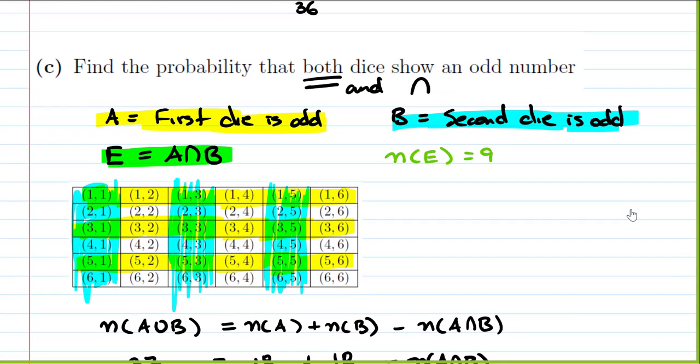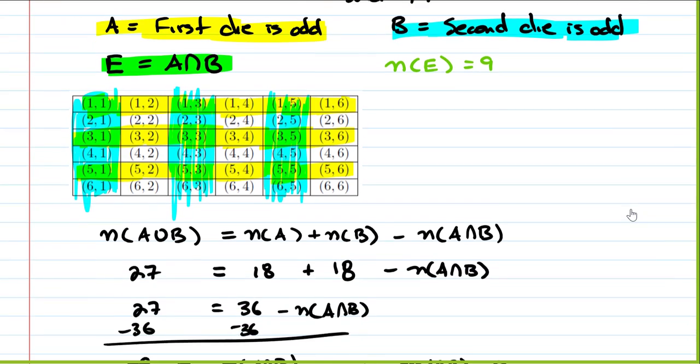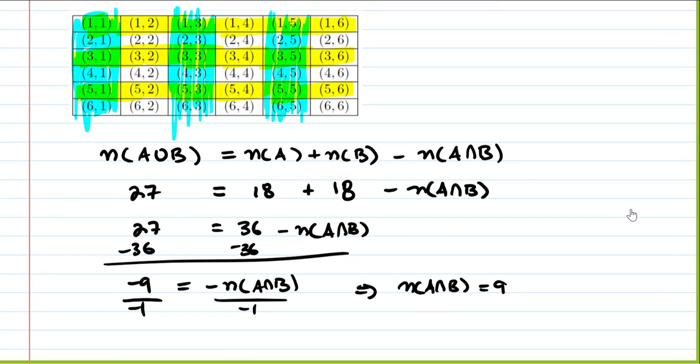So if it's easier to count other things, we don't always have to draw a picture and count directly. Because some of those things we could just figure out without having to draw a picture or do anything else, and we can use them to indirectly calculate things. So our formula here relates A union B to A intersect B to the number of things in A and B. If you know any 3 of these, you can always solve for the other.